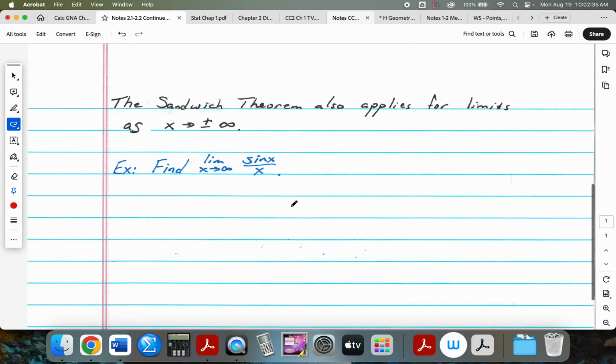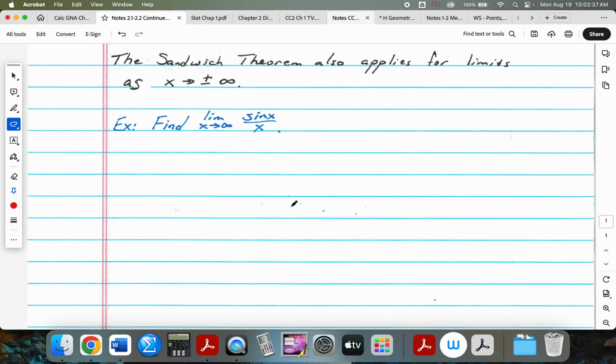All right, so the squeeze theorem also applies for limits as x goes to plus or minus infinity. So here, again, sine of x is bound by -1 and +1. So I can say -1 over x is less than or equal to sine of x over x, which in turn is less than or equal to +1 over x.